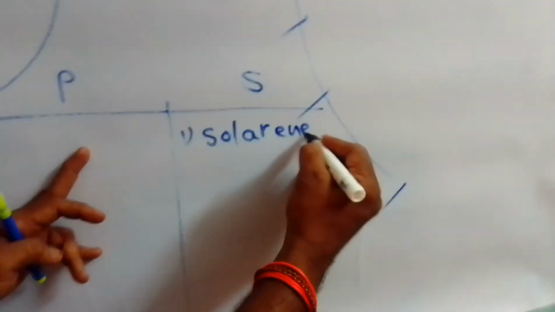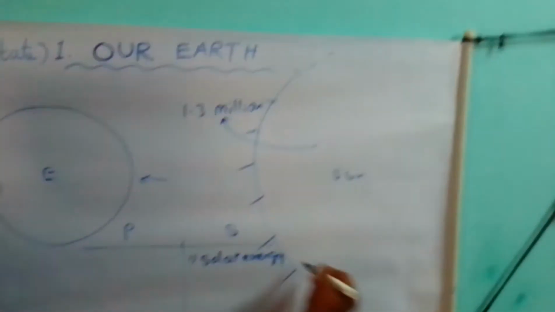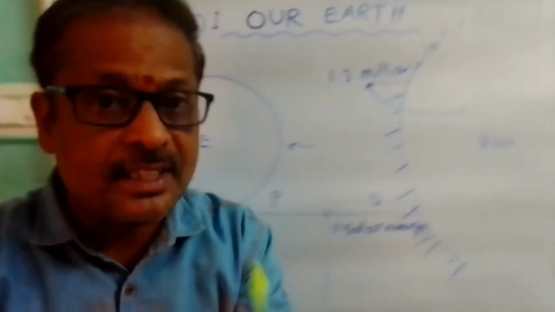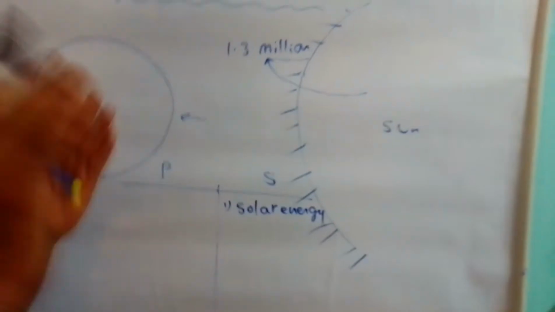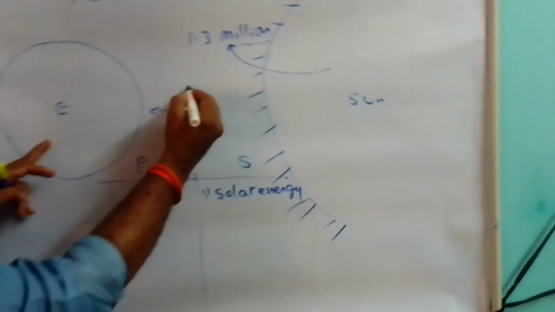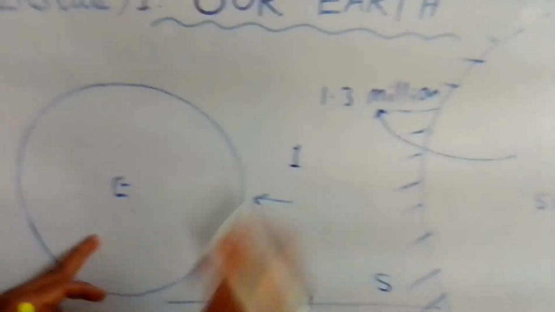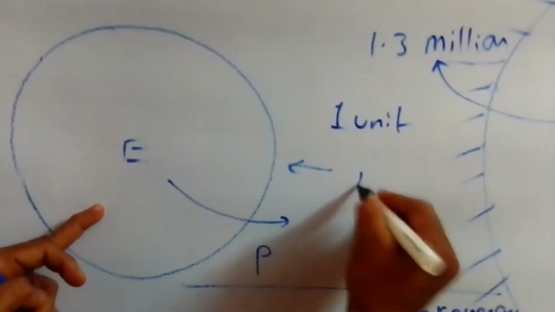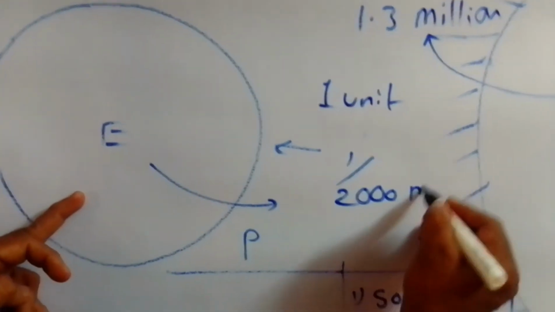We already learned that in size the Sun is very big, and it is continuously emitting energy in the form of light and heat. But due to being small compared to the Sun, the Earth is unable to receive the total energy. Suppose the total energy released by our Sun is 1 unit. Of that 1 unit, the Earth is receiving only 1 by 2000 millionth part.